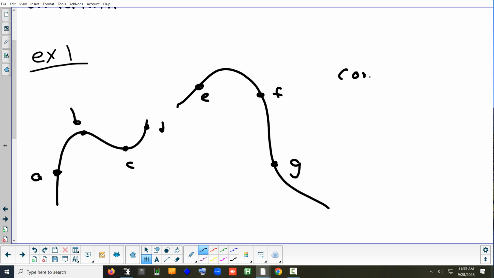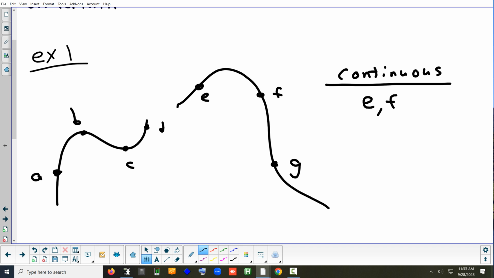So a continuous interval would be from E to F. Now, do you want to include the E and the F, or not include them? It's up to you. You can write the interval however you want.